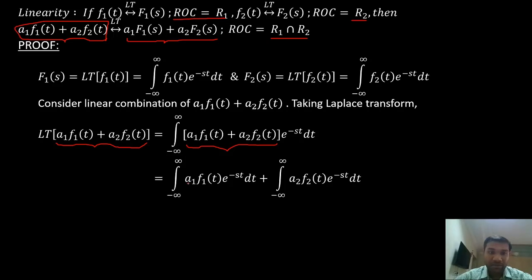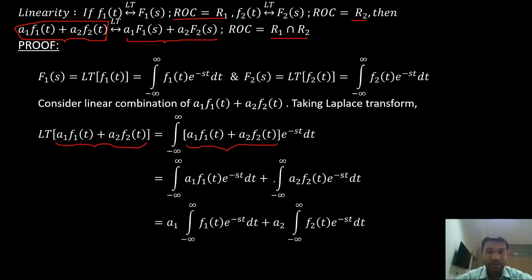Now since a1 is a constant, I can bring it outside. Here a2 is a constant, I can bring it outside. So I'll have a1 integration f1 of t e power minus st dt plus a2 integration f2 of t e power minus st dt. Now this integral is nothing but f1 of s, and the second integral here is nothing but f2 of s, right?